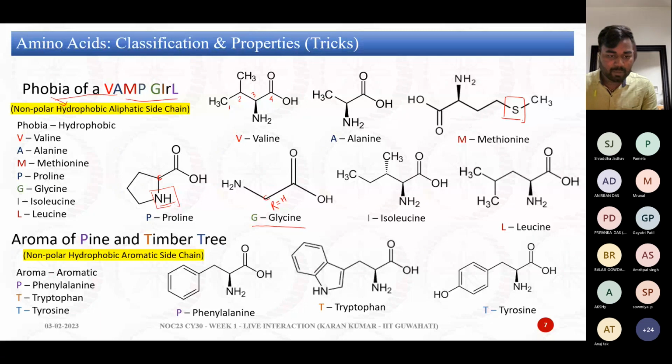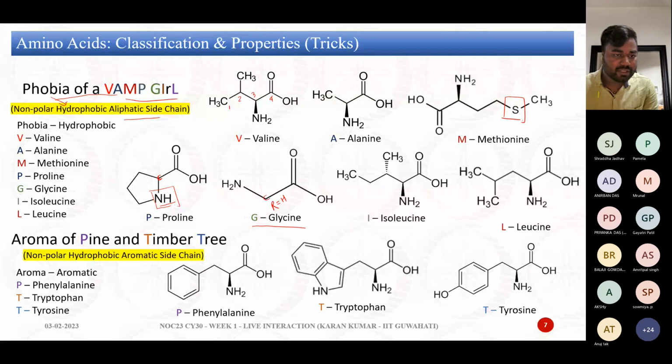So if a certain compound is water loving, it should have a polar nature, or it should make hydrogen bonding with the water molecule. But because these side chains only contain carbon and hydrogen, they are hydrophobic side chains. And since they only contain carbon and hydrogen, they are aliphatic side chains, right? And non-polar because they do not have an electronegativity difference, right?